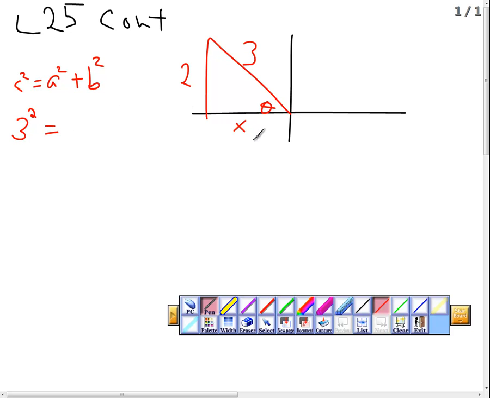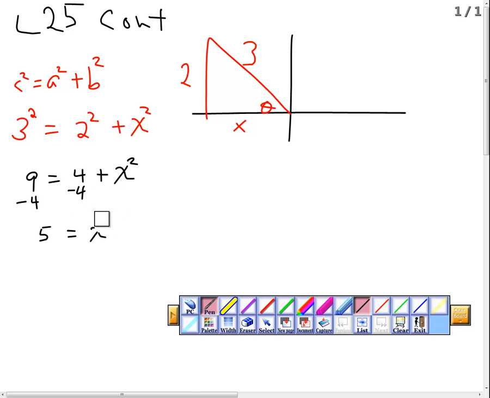And then you could use either 2 or x. That really doesn't matter which one goes first. So we'll put 2 squared plus x squared. So 3 squared, that's 9. And then 2 squared, that's 4, plus x squared. So we solve for x, so we apply minus 4. And we get x squared equals 5.